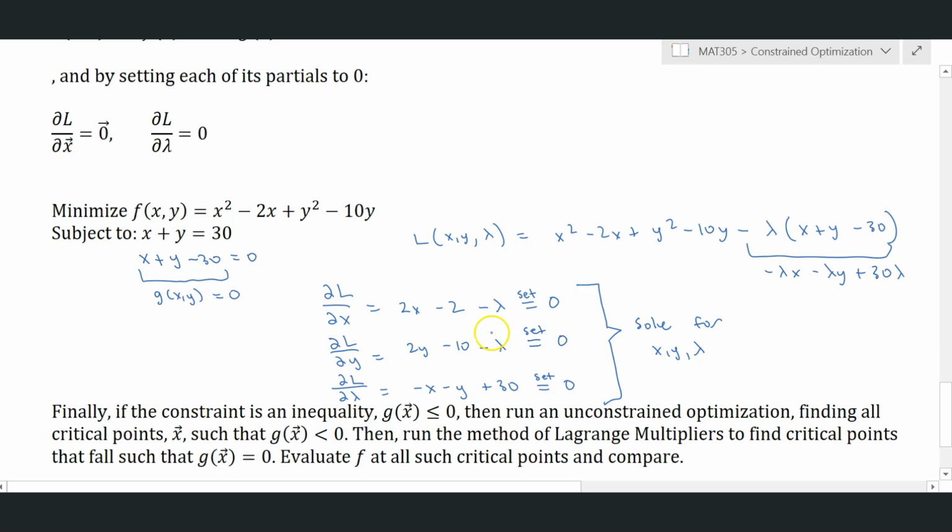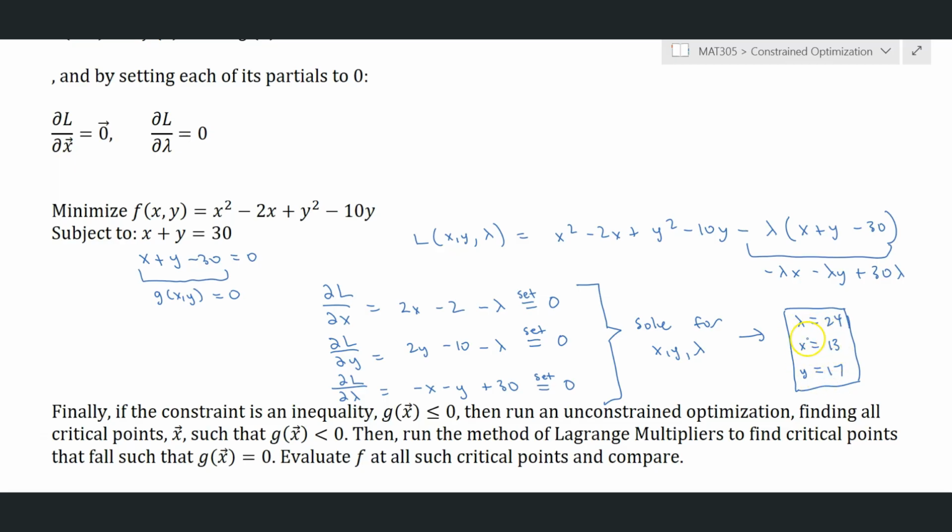Now we could do this via substitution. We could do it via elimination, since this is a system of linear equations. So we could say we have x, y, and lambda as our three input variables, move our constants to the other side, and do a reduced row echelon form. The values that we would get for this system are lambda equals 24, x equals 13, y equals 17.